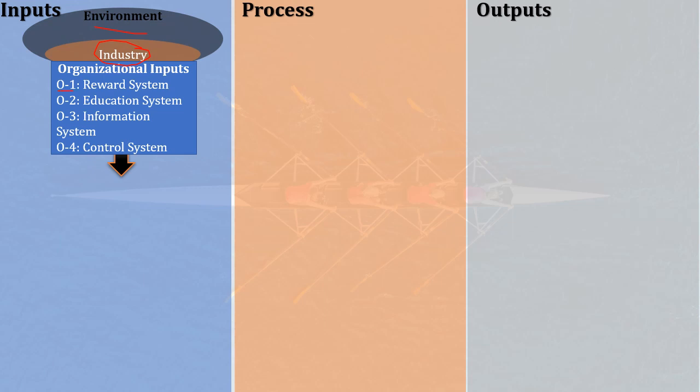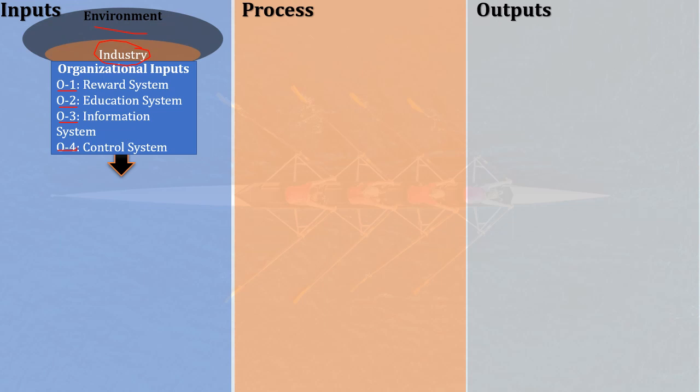Now if you see this, for reward system, the code is O1, then O2, O3 and O4. Now what these codes exactly mean and how they are used as per this particular model, we'll see in the further slides. So just remember that every input that we are going to see here is allocated a code.